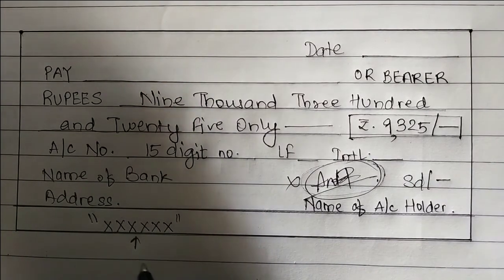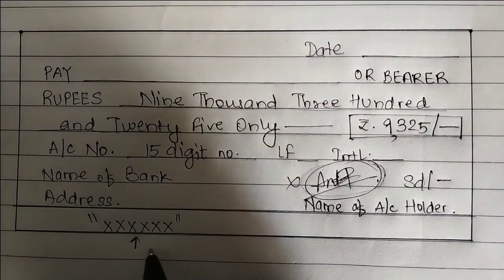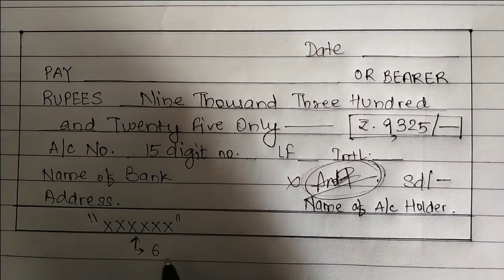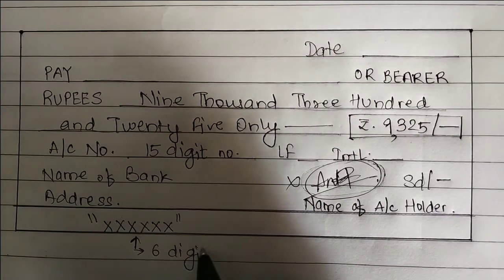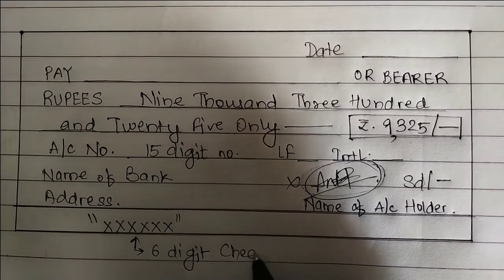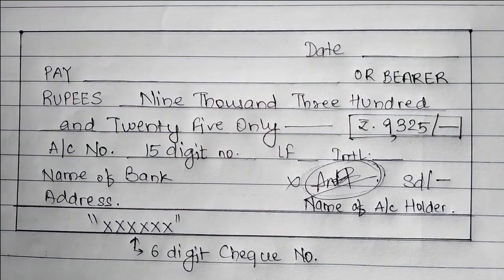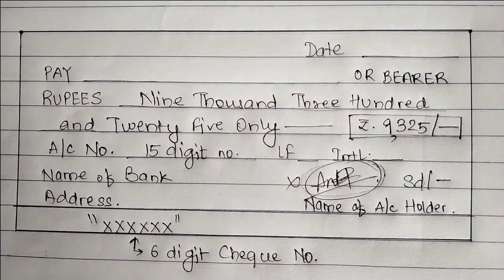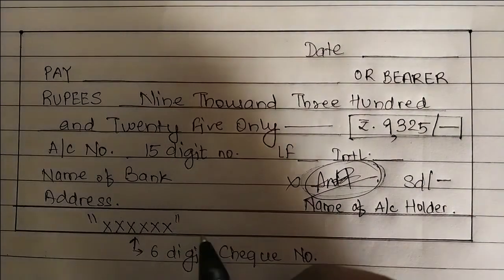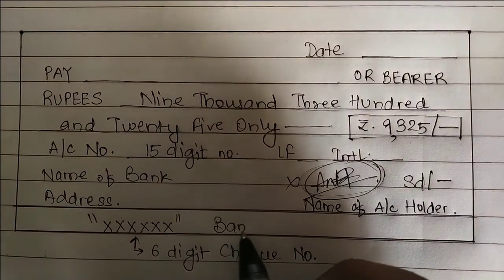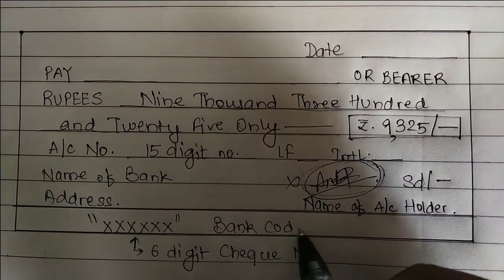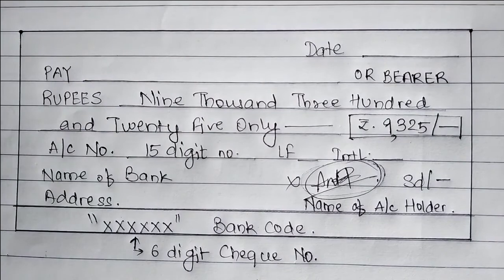So this is a 6-digit check number, which is important in every check. And after that, I would write the bank code. That is it for a basic check.